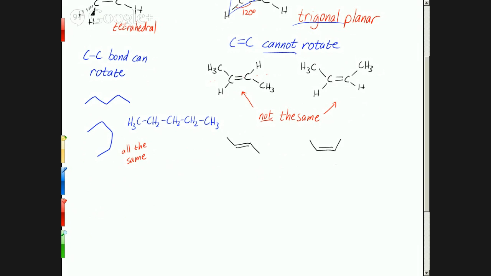And the one where the similar groups are on opposite sides is called trans, and the one where they're on the same side is called cis. Trans means opposite, cis means same.